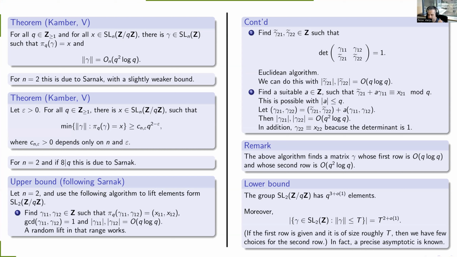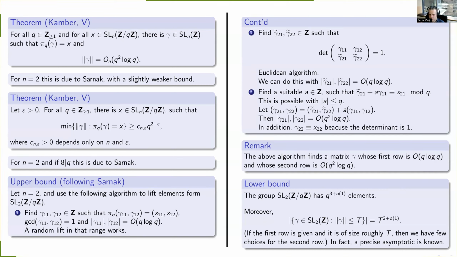But this will hold for a positive proportion of your choices. And on the other hand, once you chose the first row, the second row is almost uniquely determined.